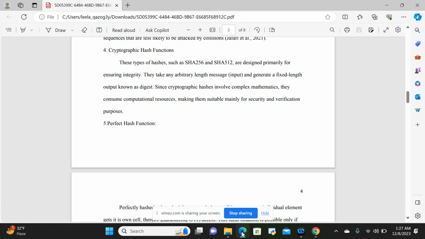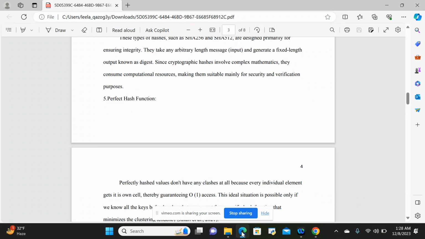They take any arbitrary-length input and generate a fixed-length output known as a digest. Since cryptographic hashes involve complex mathematics, they consume considerable resources, making them suitable mainly for security and verification processes.